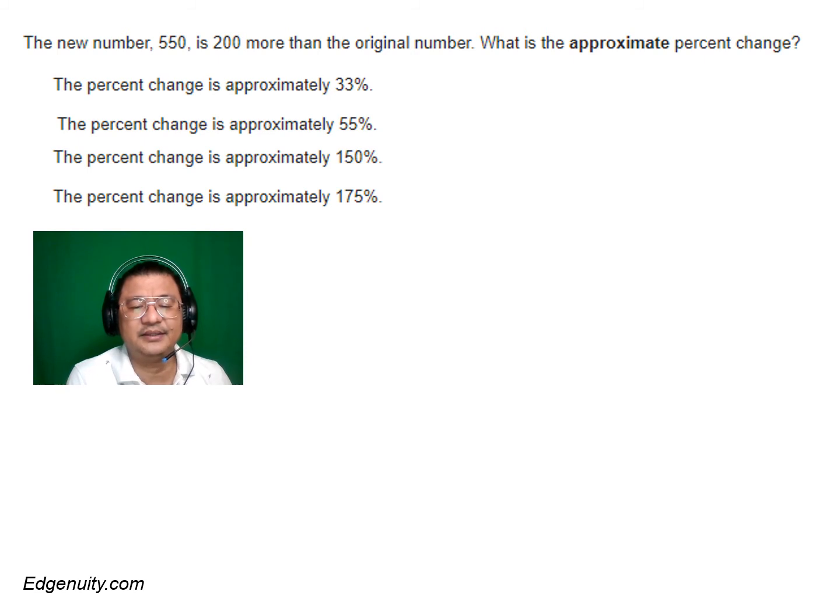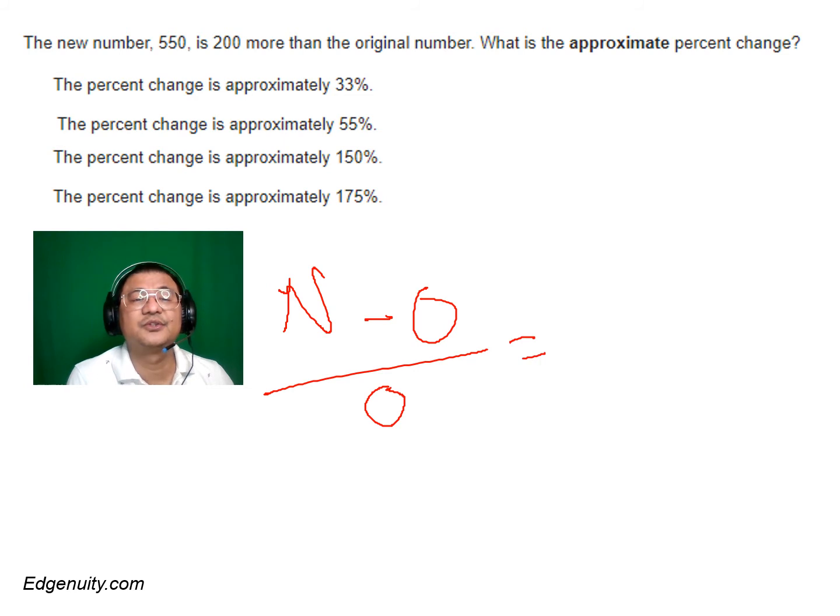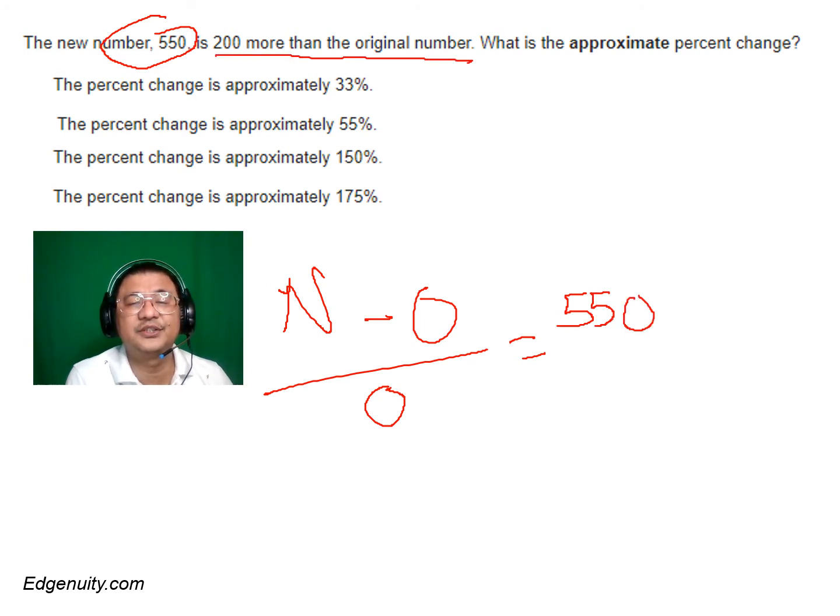So let's write down our formula, something that you remembered: new minus the old, I'll subtract first, then divide by the old. The new number is 550. This is 200 more than the original number.